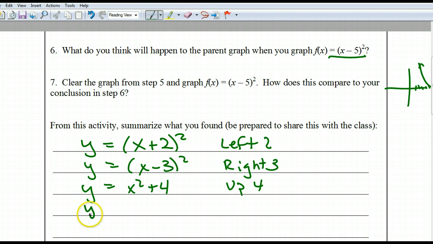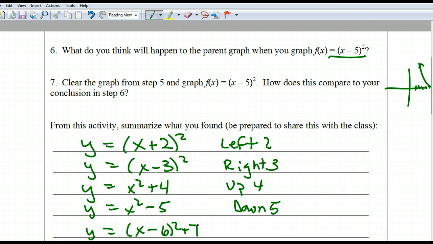How about y equals x squared plus, it's not plus, but minus 5? Down 5. What if I had this? Right 6 and up 7. It's a double one.